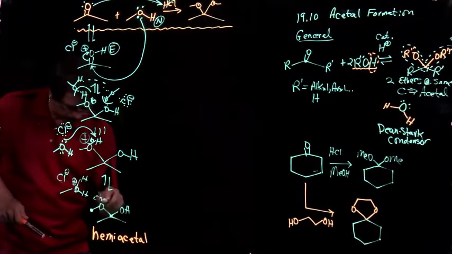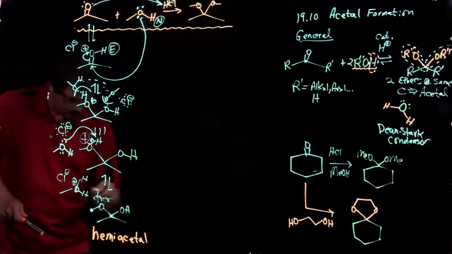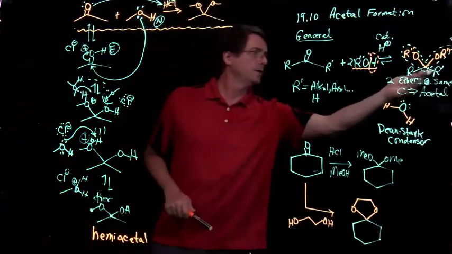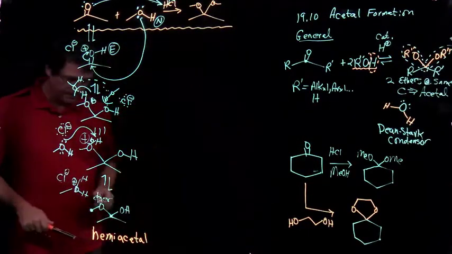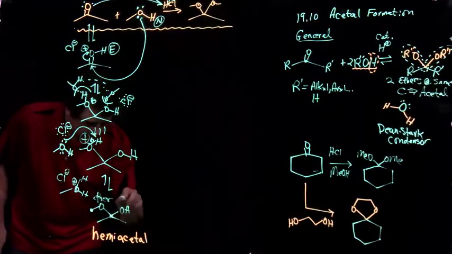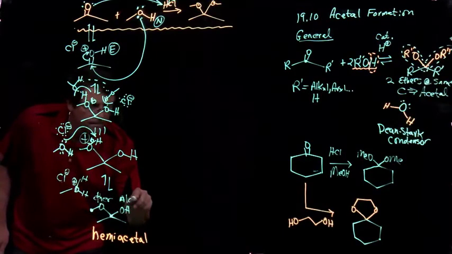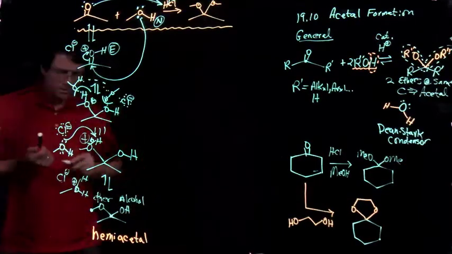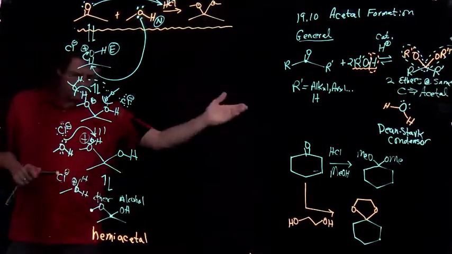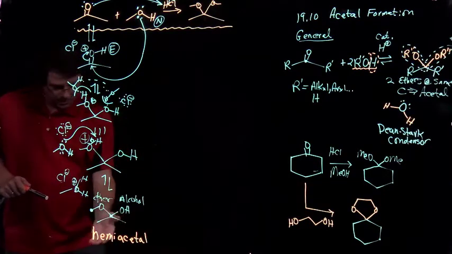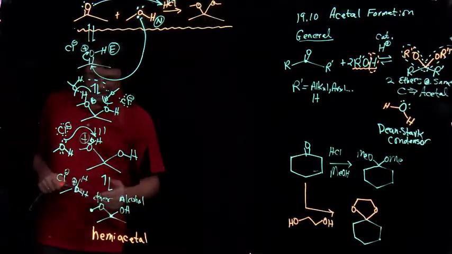That's an ether, like we saw for our acetals, right? There are 2 ether linkages. So we have an ether, and then this is an alcohol. So we're kind of halfway to the acetal, and so we have half an acetal, it's a hemiacetal.